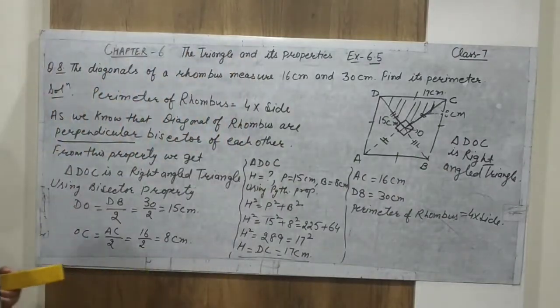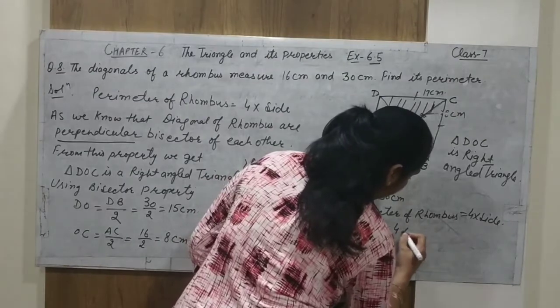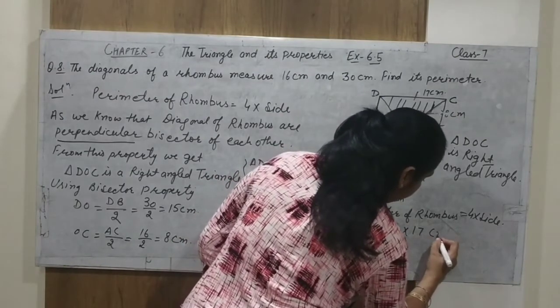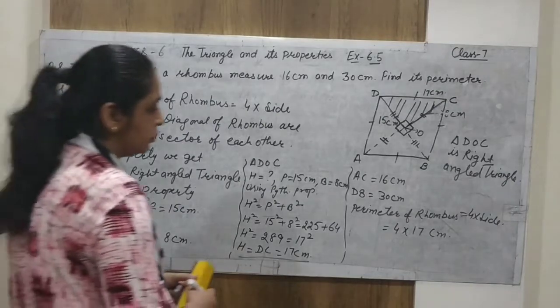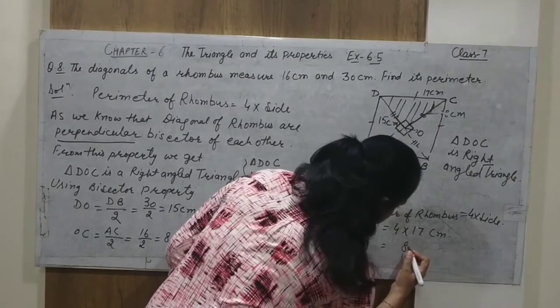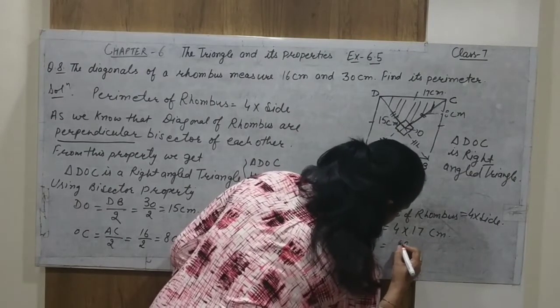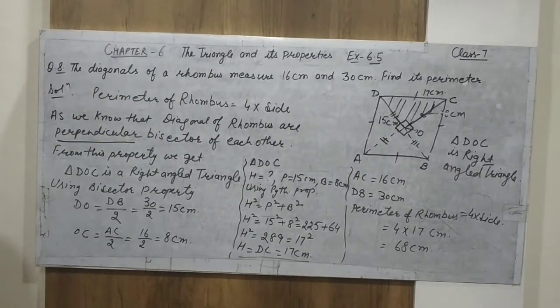What is the length of the side? 17. So we get 4 into 17 centimeter. What we get from this point? 68 centimeter. Now this is the required perimeter of the rhombus.